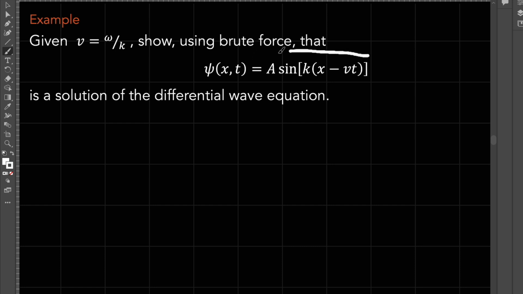So while we have this equation, let's distribute k over the argument x minus vt.